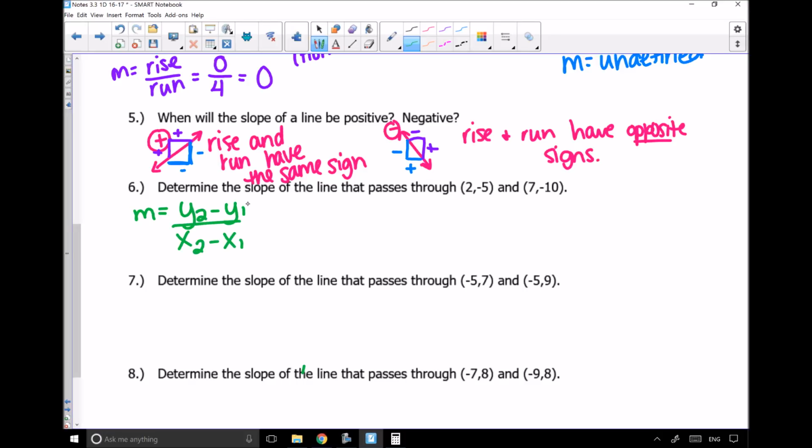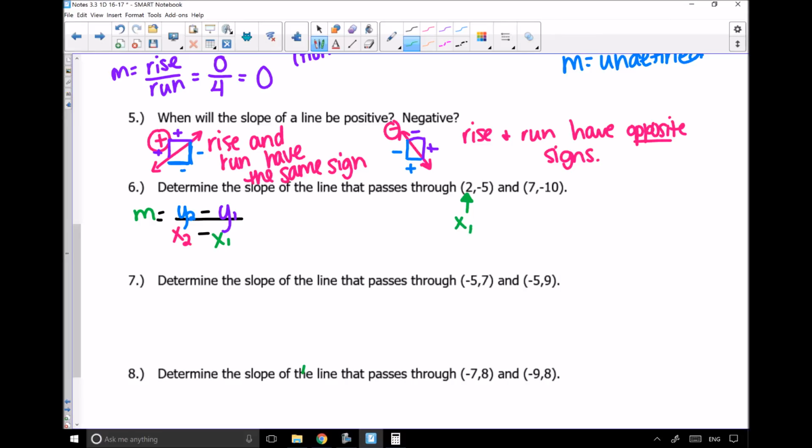Okay, so in this example right here, let me actually color code this so you can see it a little bit better. So we'll say y2 minus y1 over x2 minus x1. When I look at my point right here, this 2 is my first x value, so we call this x1.